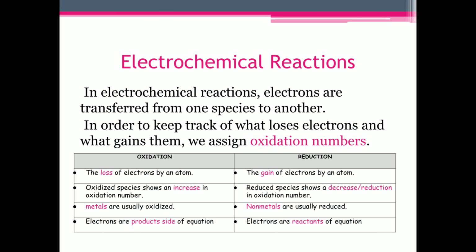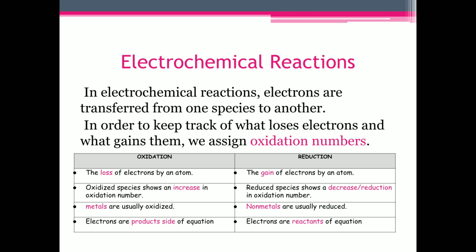In all electrochemical reactions, electrons are transferred from one species to another. The gain and loss of electrons can be tracked using oxidation numbers. So let's talk a little bit of terminology here. Oxidation is a process where we lose electrons.